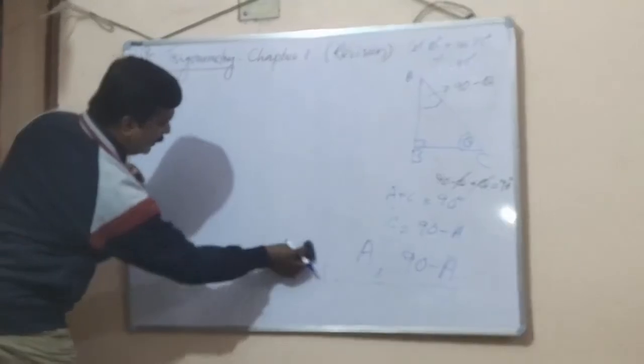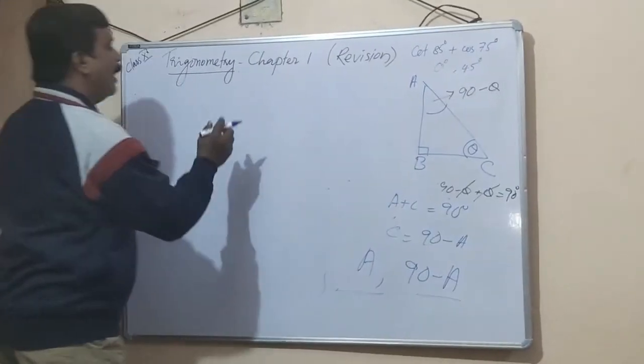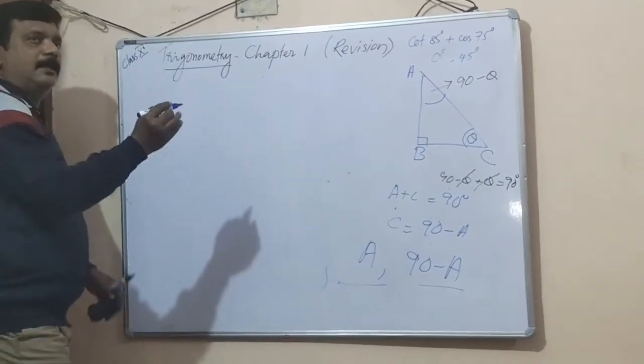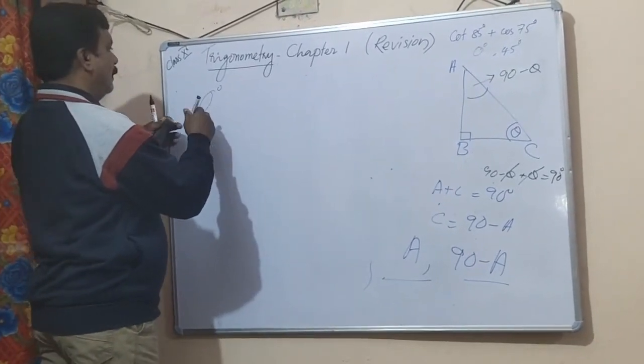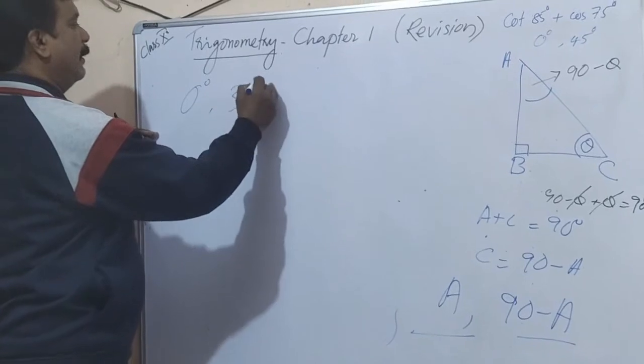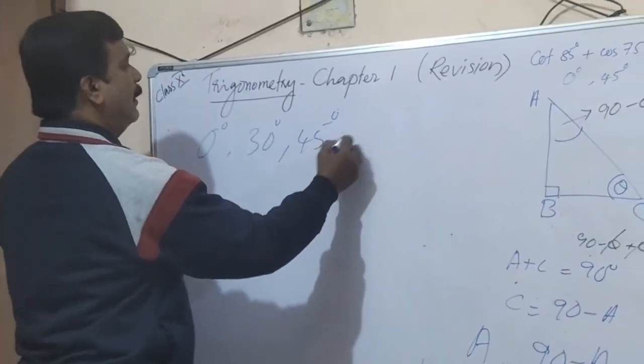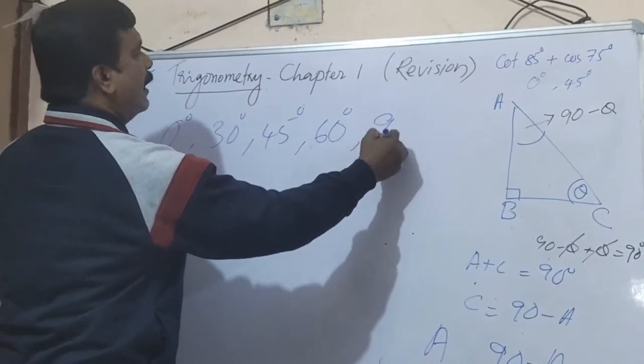Now, one more thing I would like to tell you. See, you know the values of 0 degree, 30 degree, 45 degree, 60 degree and 90 degree.